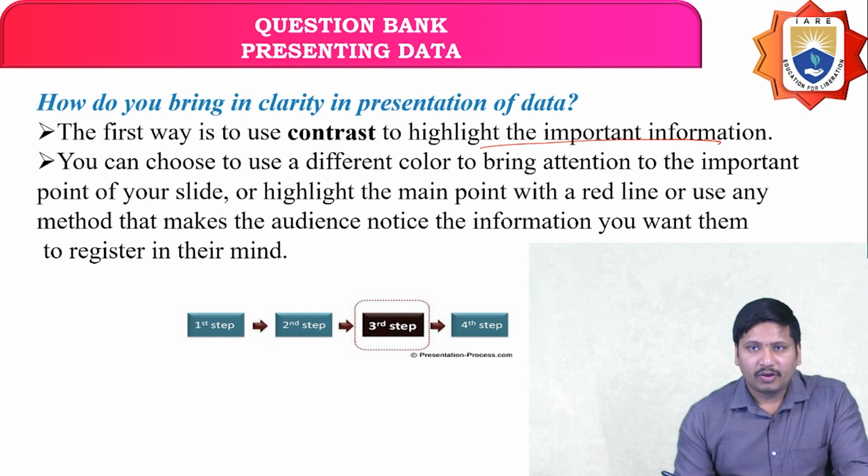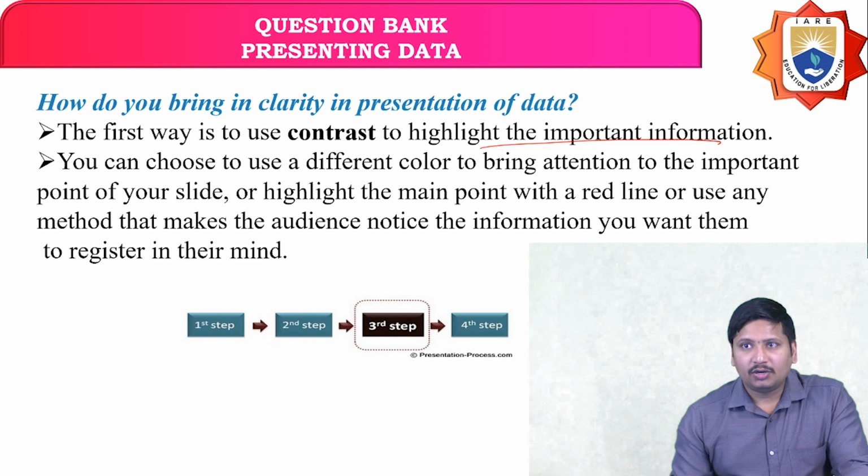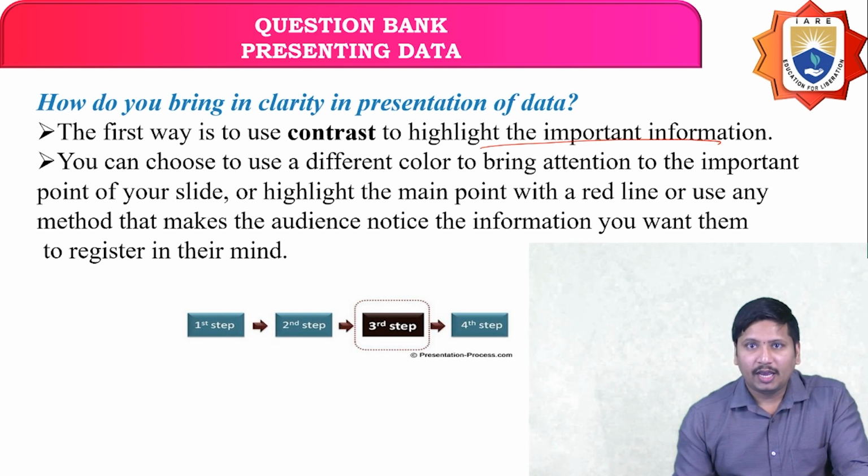So if I want to highlight the steps or the content, I can do that with a different color, or highlight the point with a red line, or use some other method to draw the attention of the audience. This is the importance of this kind of application.